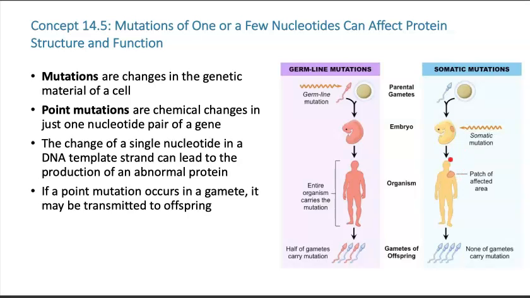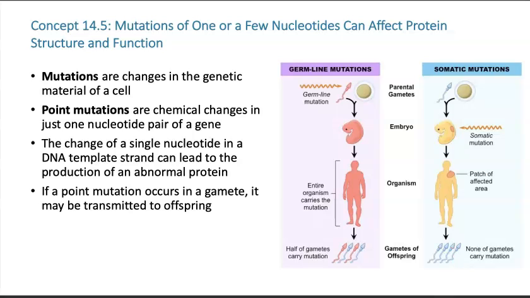So in that somatic line, only the cells that develop from that original somatic mutation are going to have the mutation. And because they're not in the germ cells, none of the gametes will carry that mutation. This means that you cannot pass that mutation on to the next generation.